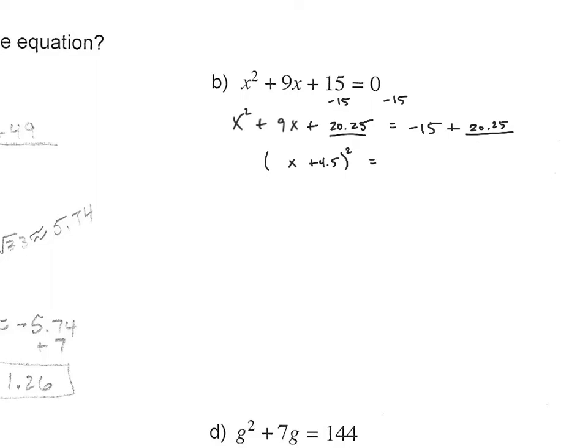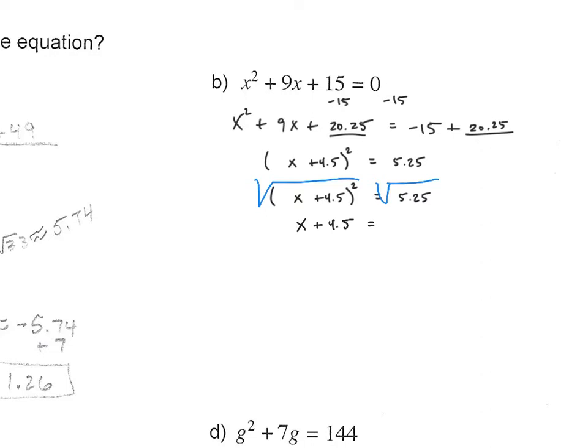That is going to equal this over here, which is going to be 5.25. Now we can do the square root of both sides to isolate the x, and of course, I get x plus 4.5 is going to be equal to plus or minus 2.29.